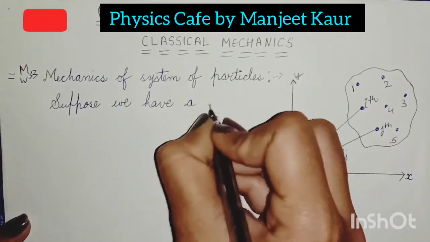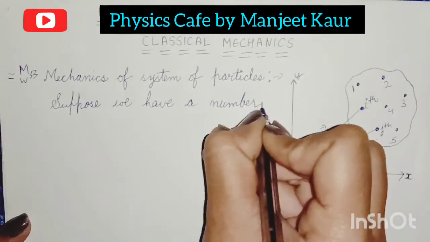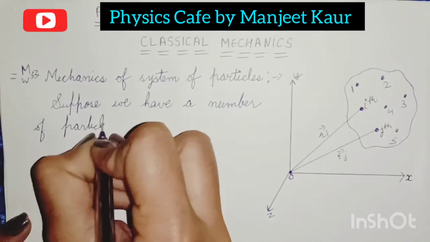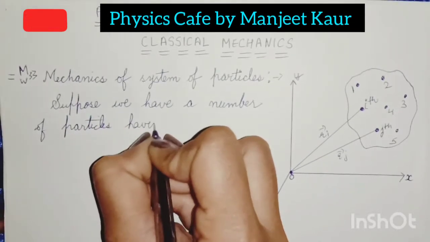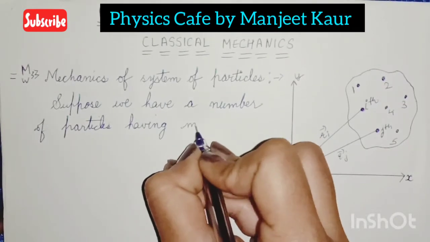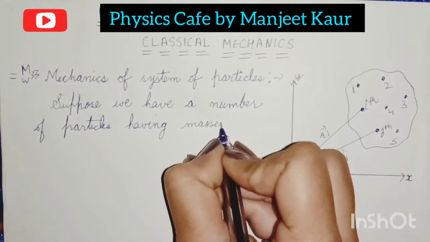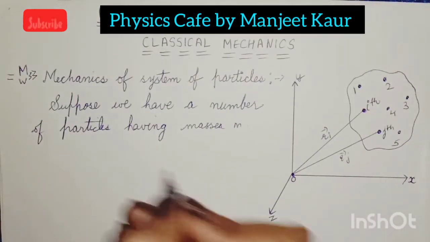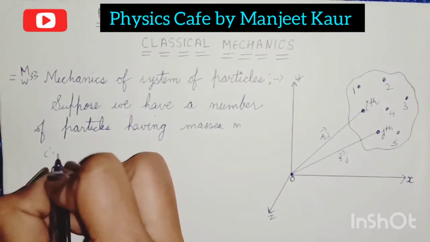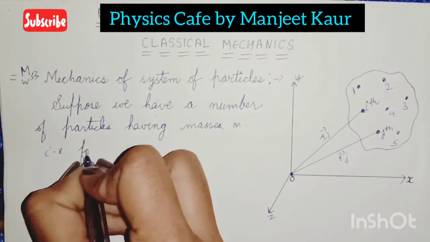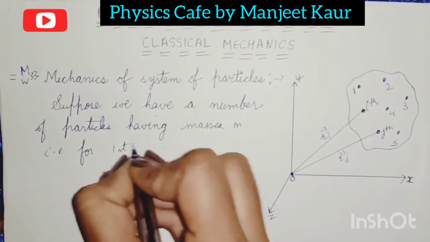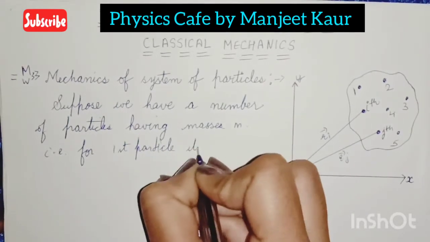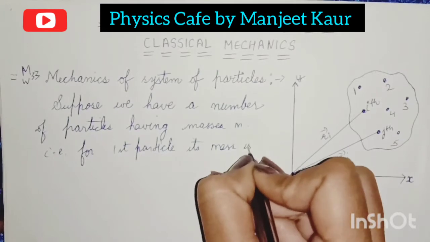Suppose we have a number of particles having mass m. That means for the first particle, its mass is m1.